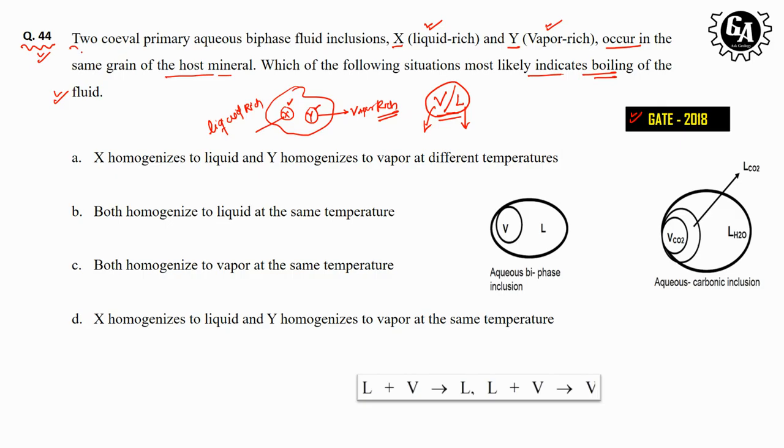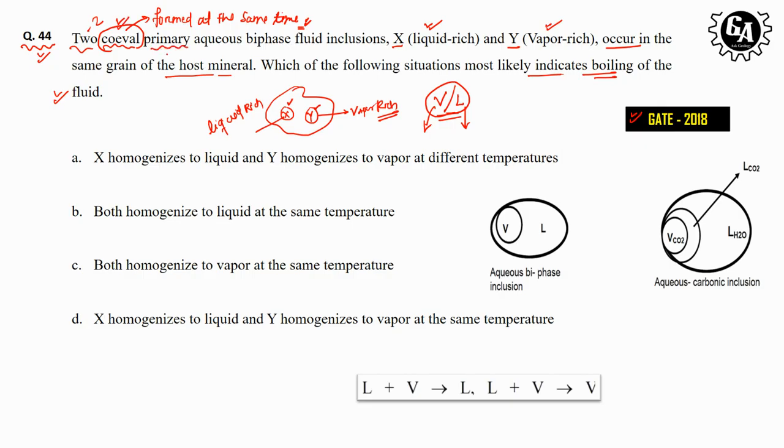Coeval means they are formed at the same time. If they have been formed at the same time of origin, they will be called coeval.